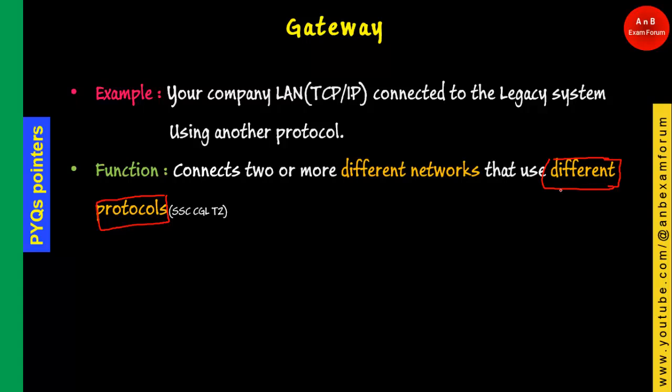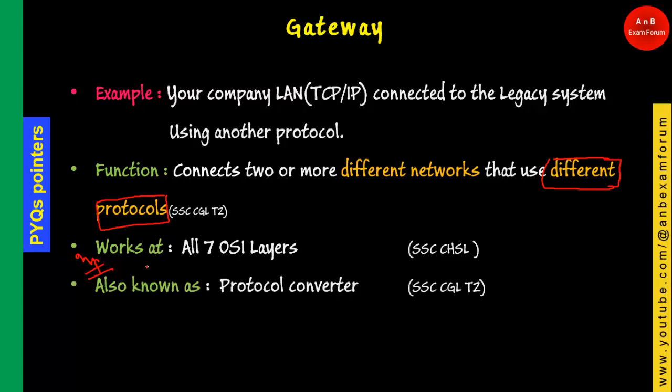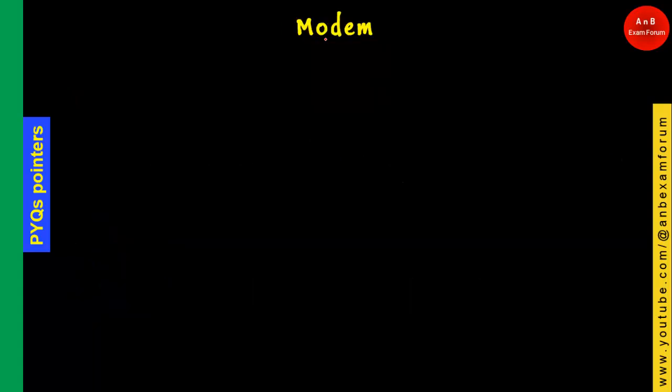It uses different protocols, and it works at all 7 layers, whereas the router works at layer 3. Another very important pointer, it is known as a protocol converter. Why protocol converter? Because it is using different protocols, so it needs to convert one protocol to another protocol. So a gateway is one of the gates of entry into another network that uses different protocols.